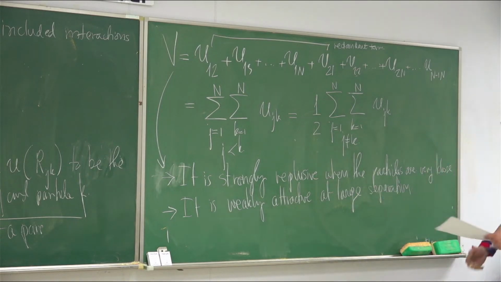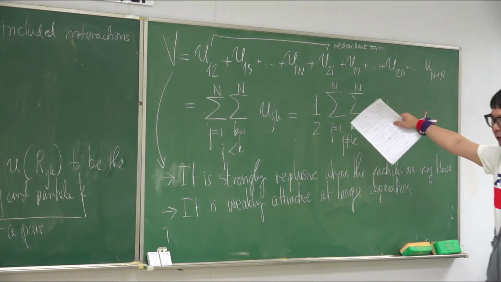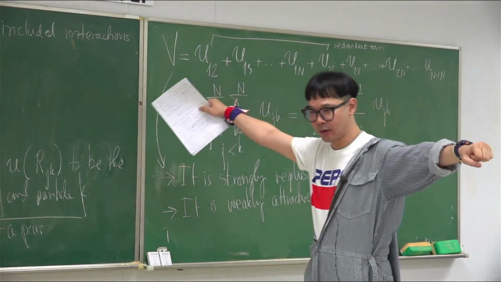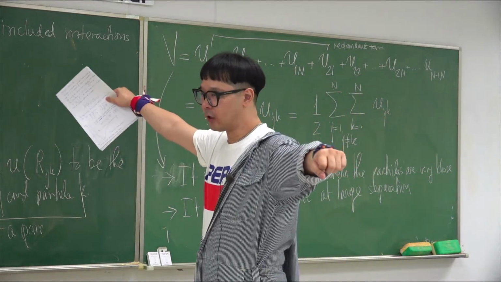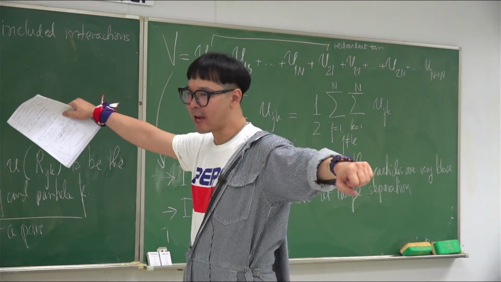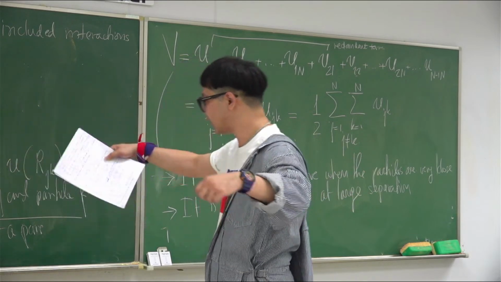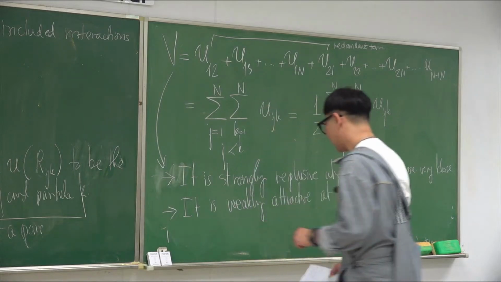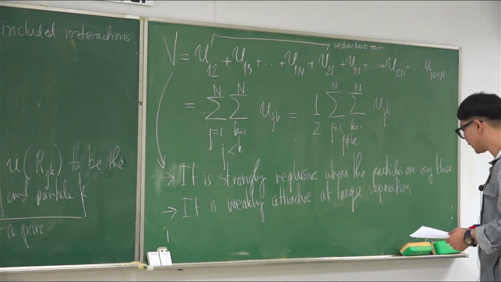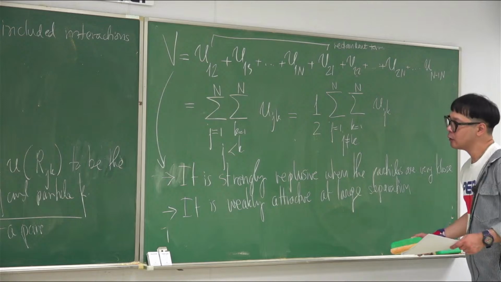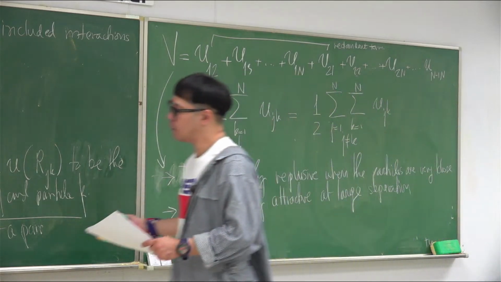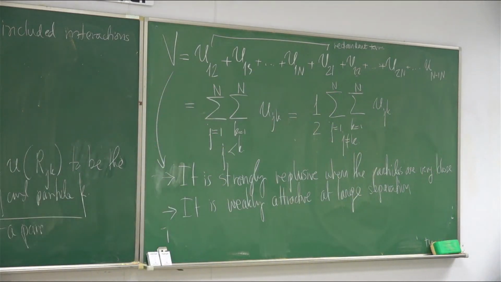Okay, so it means that when your two particles are very far away from each other, they are not going to attract or feel each other in a very strong sense. That is the condition that we want.